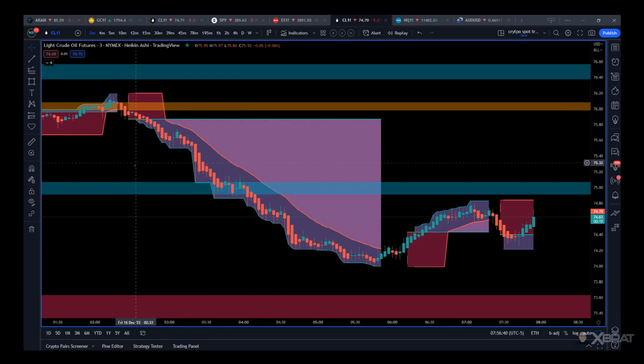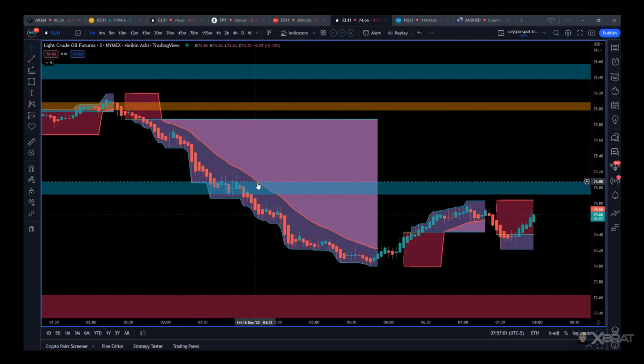The potential reward is more than 70 to 80 ticks, so $780, down to the next support zone. But we don't get out at that support zone because resistance and support can be broken. So we use the trailing stop on the roller coaster just to manage this trade.